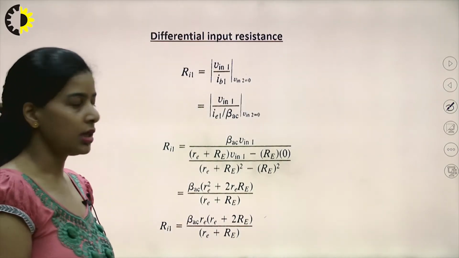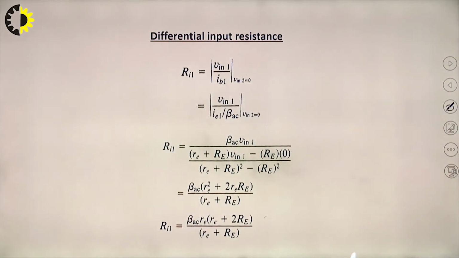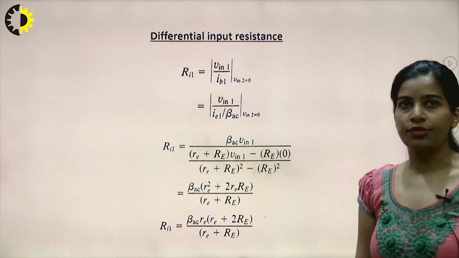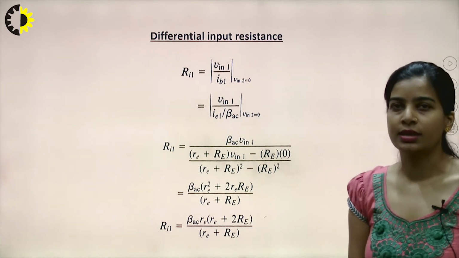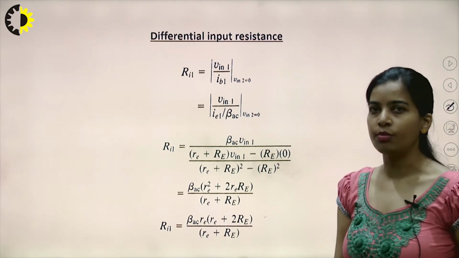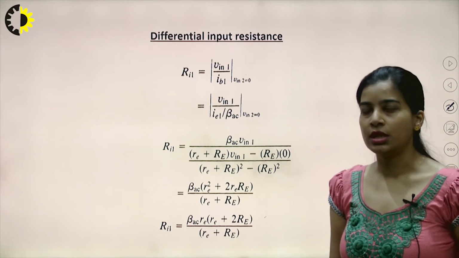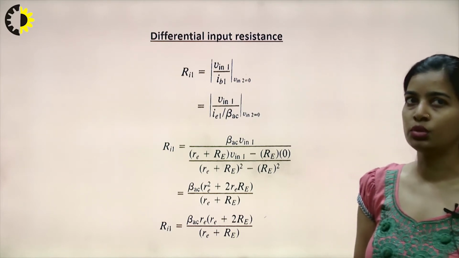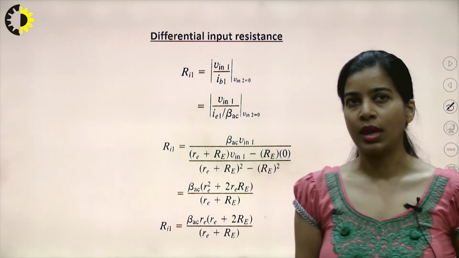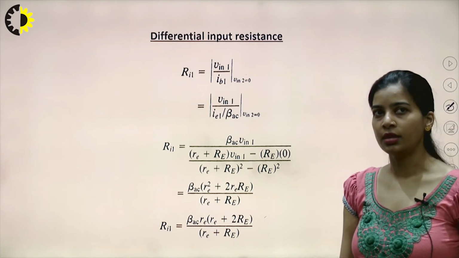Now next is the differential input resistance of this dual input balanced output configuration. What is differential input resistance? That is the resistance seen from the input side. Here we have two inputs, so we can have two input resistances, one seen from input side 1 and the second seen from input side 2.